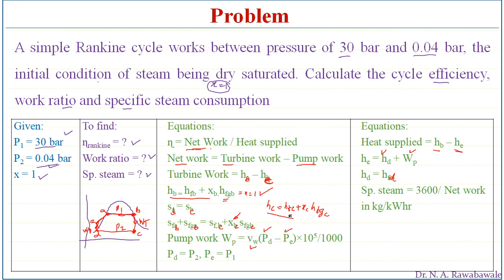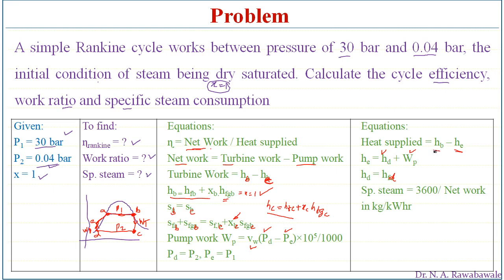To start with the solution, very first, we can find out the HD value. Once we know HD, we can find out pump work. If we know pump work and HD, we can find out HE. After obtaining HE, we can find out HB also. HB can be obtained from the enthalpy of dry saturated steam.